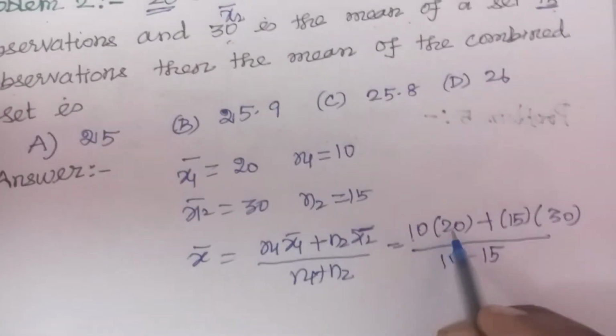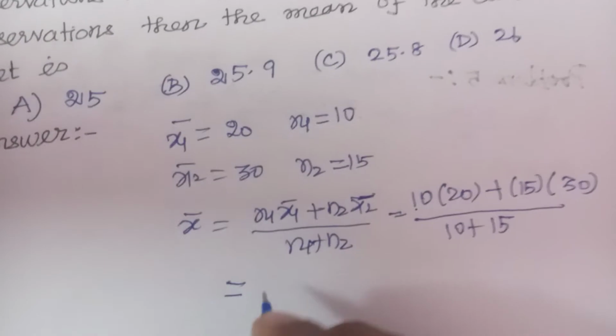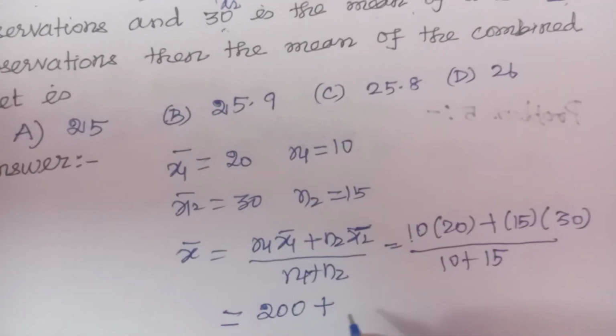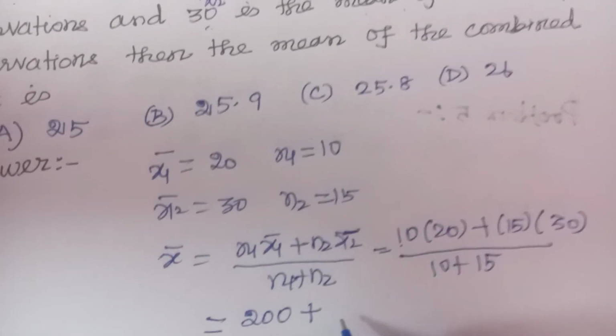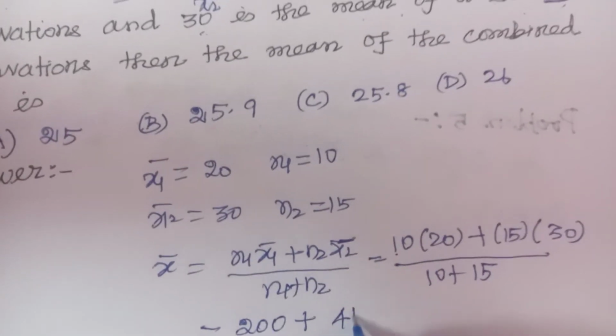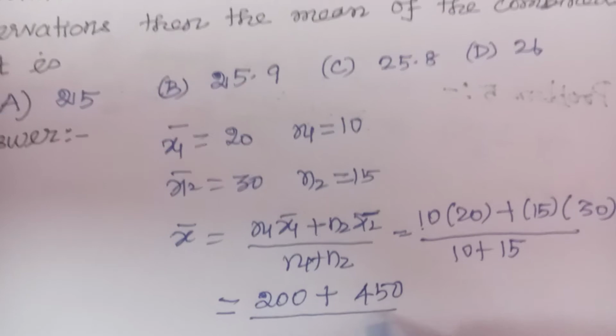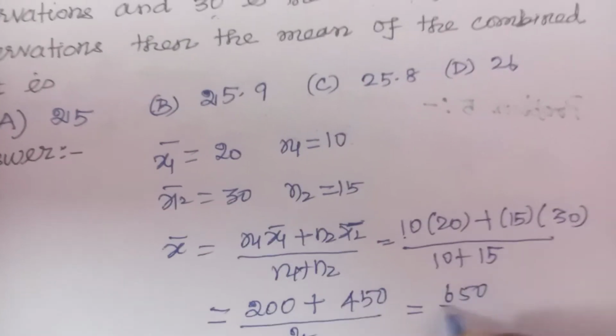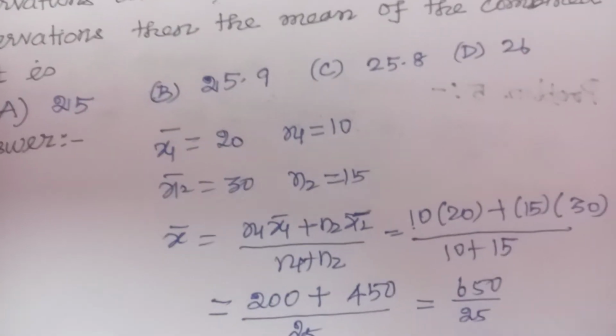On simplification, 10 into 20 is 200, plus 15 into 30, which is 450, divided by 10 plus 15, that is 25. So it is equal to 650 divided by 25, which is equal to 26.